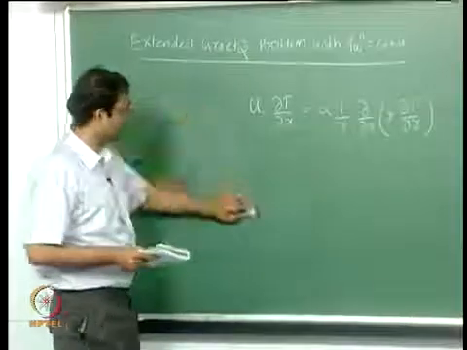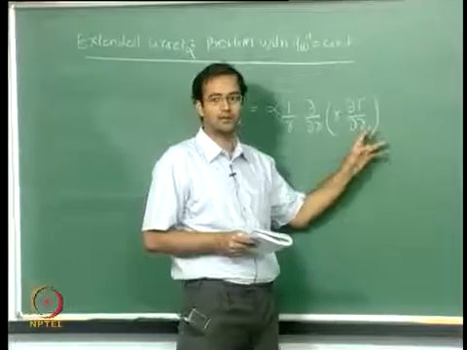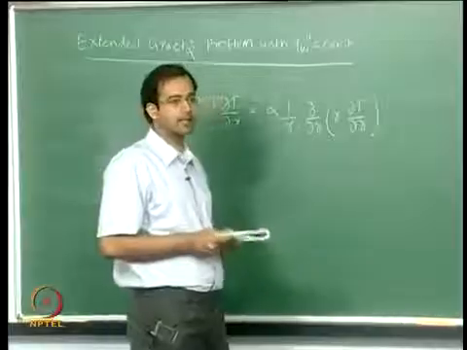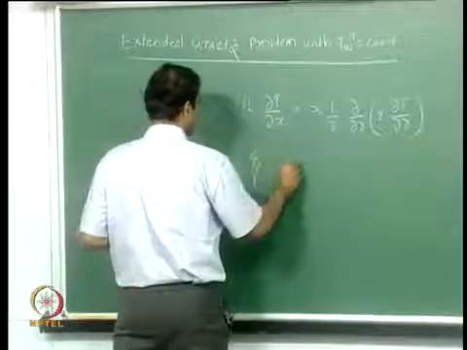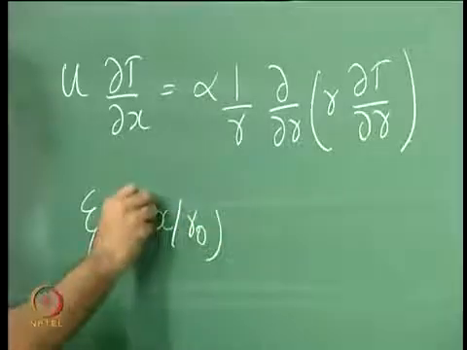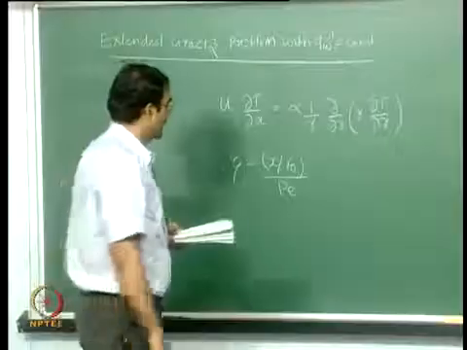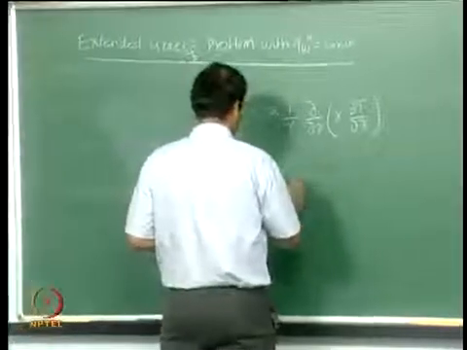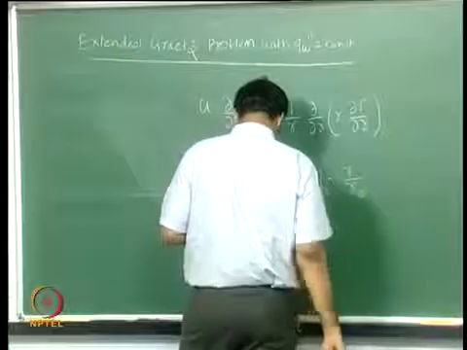What we will do, however, is non-dimensionalize the coordinates x and r. We will define zeta as x by r naught divided by the Peclet number, and my non-dimensional r is eta, which is r by r naught.